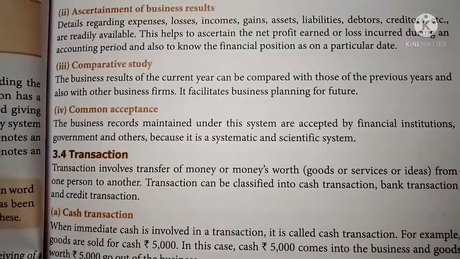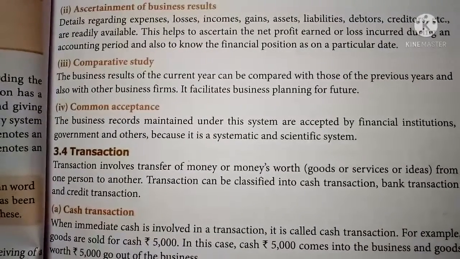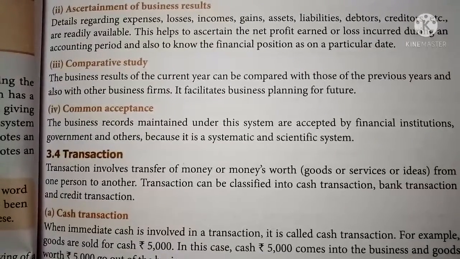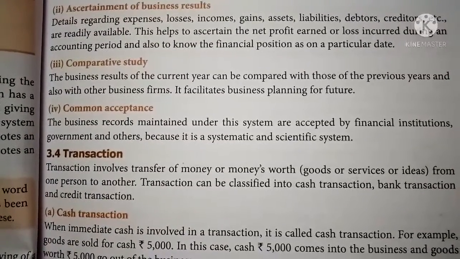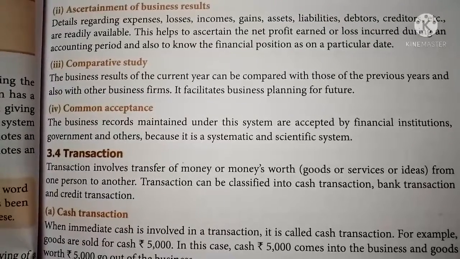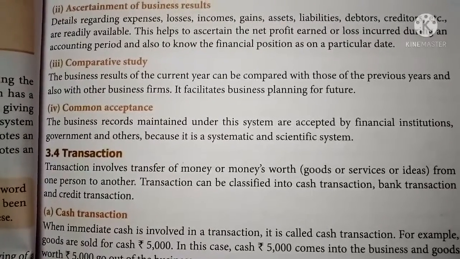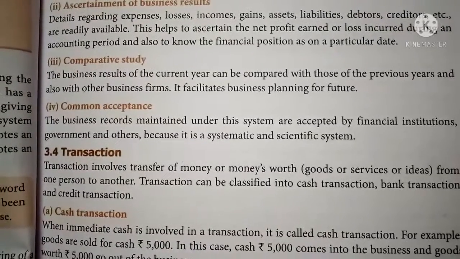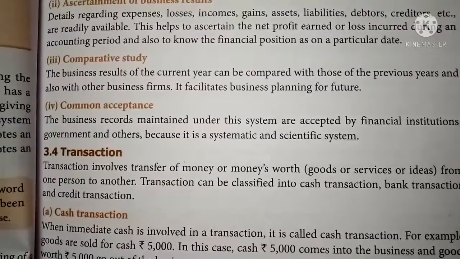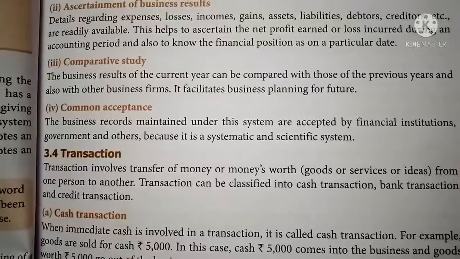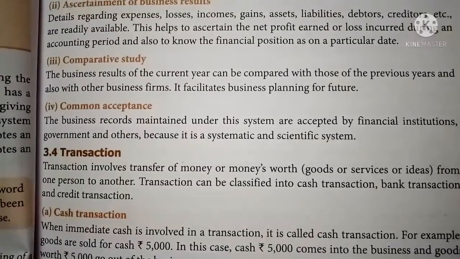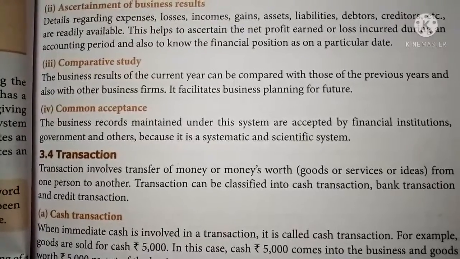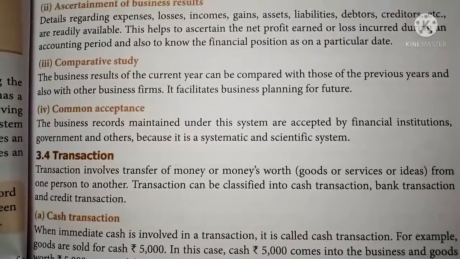Transactions. A transaction involves transfer of money or money's worth from one person to another. It can be classified into cash transactions, bank transactions and credit transactions. All the financial activities based upon money or money's worth in the business concern are known as transactions.